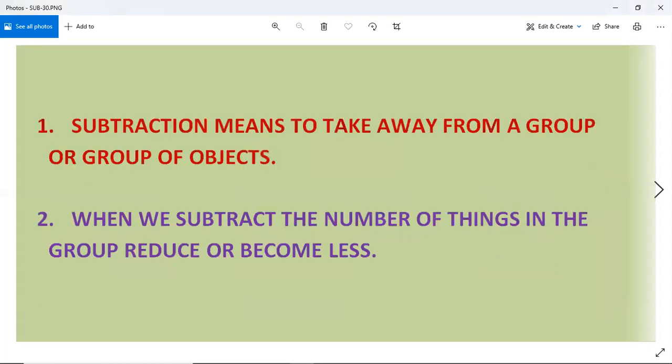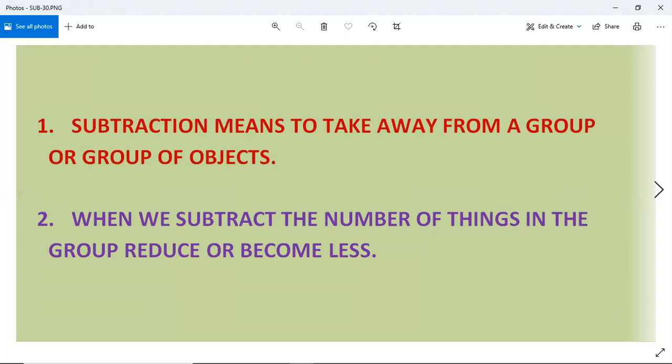Now, basically, what is subtraction? Subtraction means to take away from a group or group of objects. जब हम किसी ग्रुप में से कोई चीज ले लेते हैं, we take away, उसमें से निकाल देते हैं, उसे हम कहते हैं subtraction. और जब हम subtract करते हैं तो उस ग्रुप की जो चीजें हैं they reduce or become less. मान लीजिए आपके पास 10 चीजें हैं और उसमें से हम 2 चीजें निकाल देते हैं, तो कितनी चीजें बची? 8.